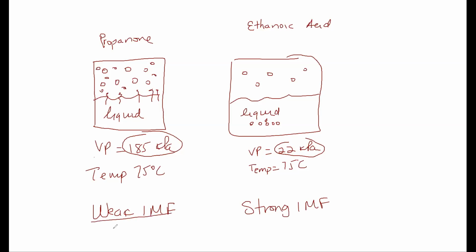So weak intermolecular forces, high vapor pressure, strong intermolecular forces, low vapor pressure. Okay? So you have to remember that. And now that you understand that, let's go back to our graph.